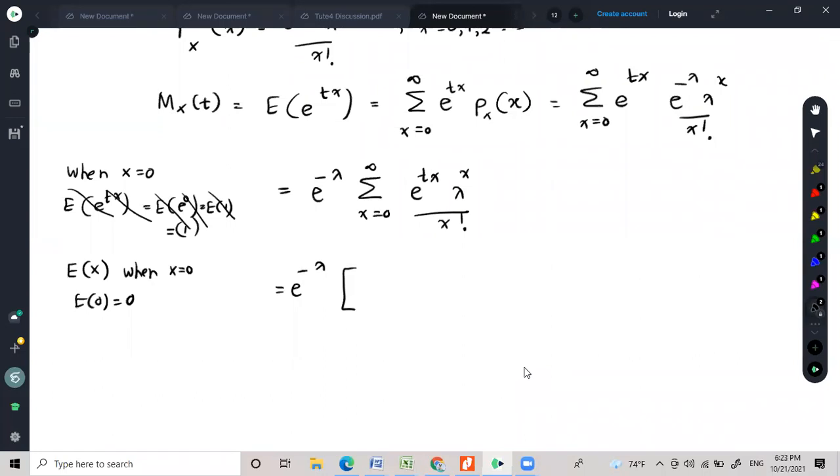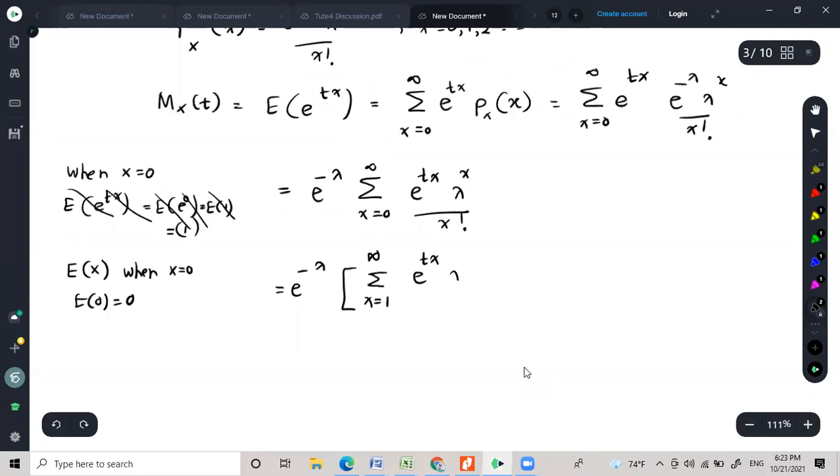Therefore, we can write this whole thing starting from x equals 1, because it is not going to change the summation. If you want, you can keep the 0 and just put 0 in front. It's not going to change anything, just to make this expansion easy. I'll just write it like this. Now what will happen?